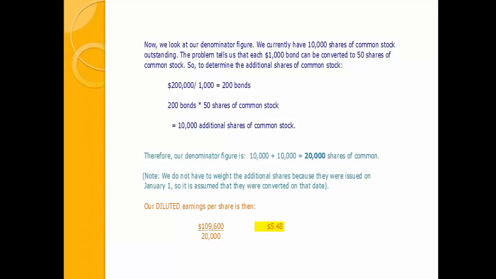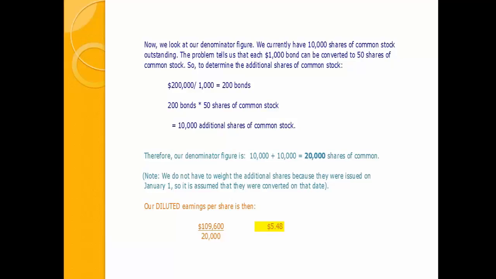So again, let's just make sure that we understand this. In our diluted earnings, we increase net income by the after-tax effect of the bond as if it was no longer there.